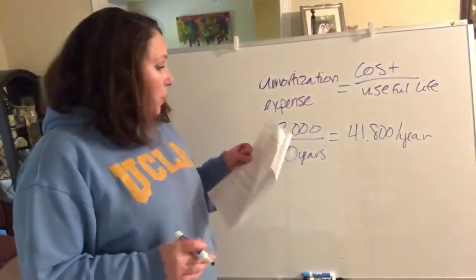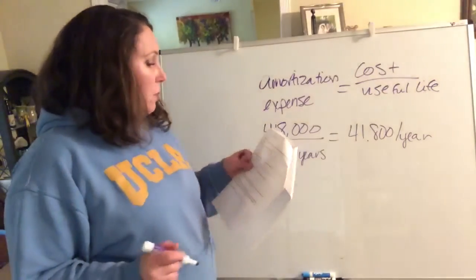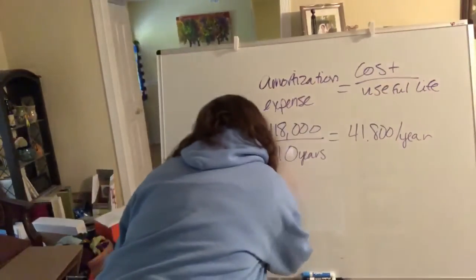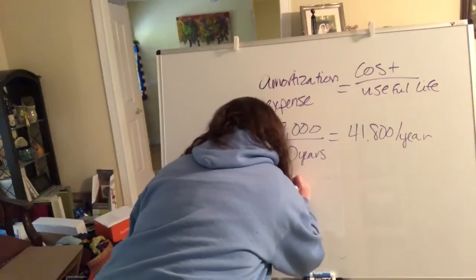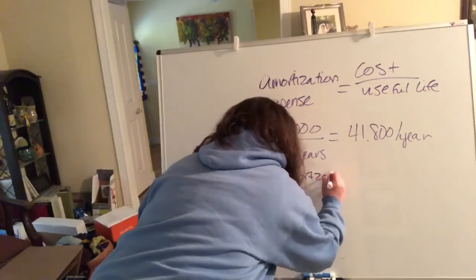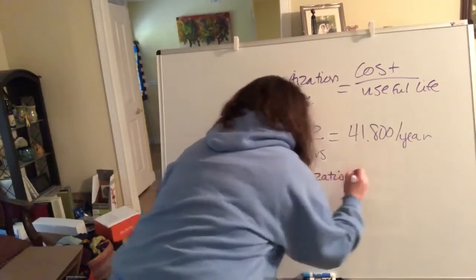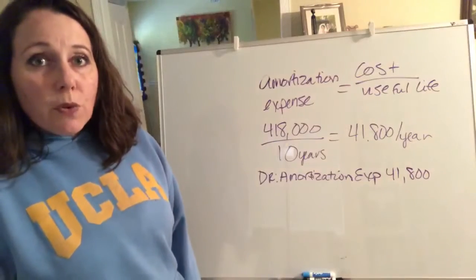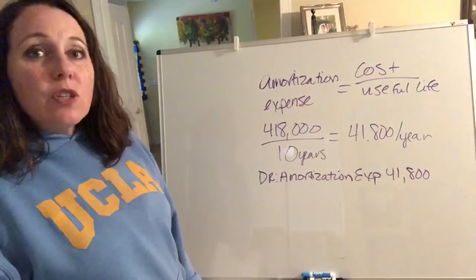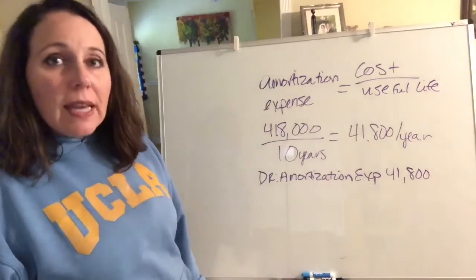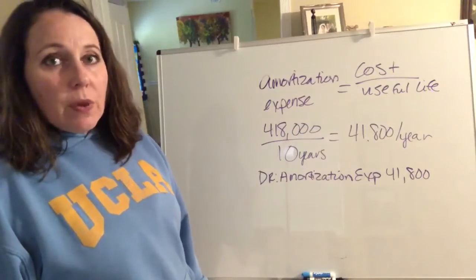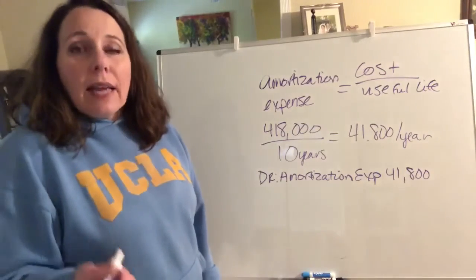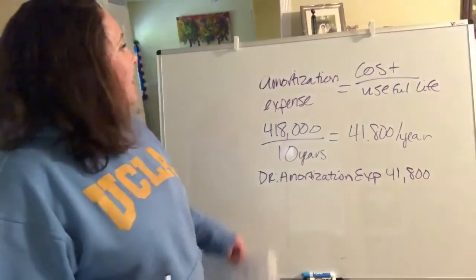Then when we go to book the journal entry, we're going to debit amortization expense for $41,800, and then we're going to credit accumulated amortization for $41,800. Like the depreciation, we're not going to credit the actual asset.